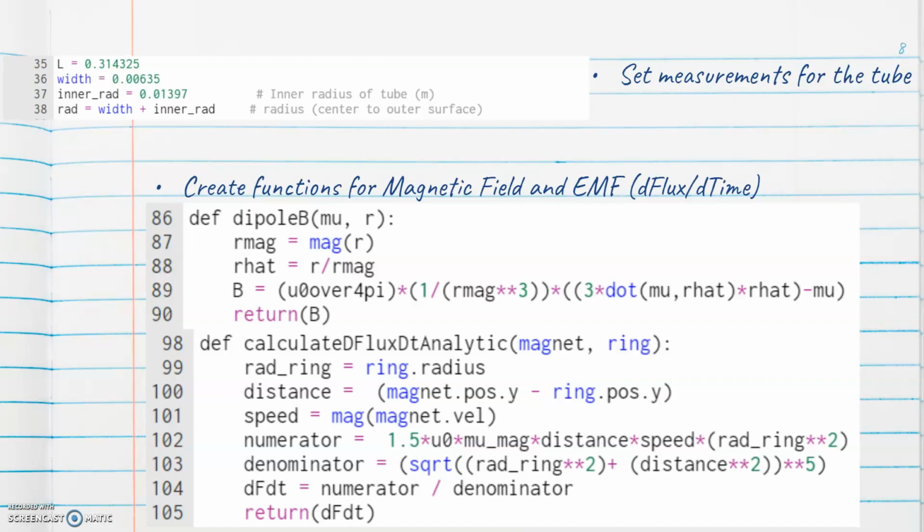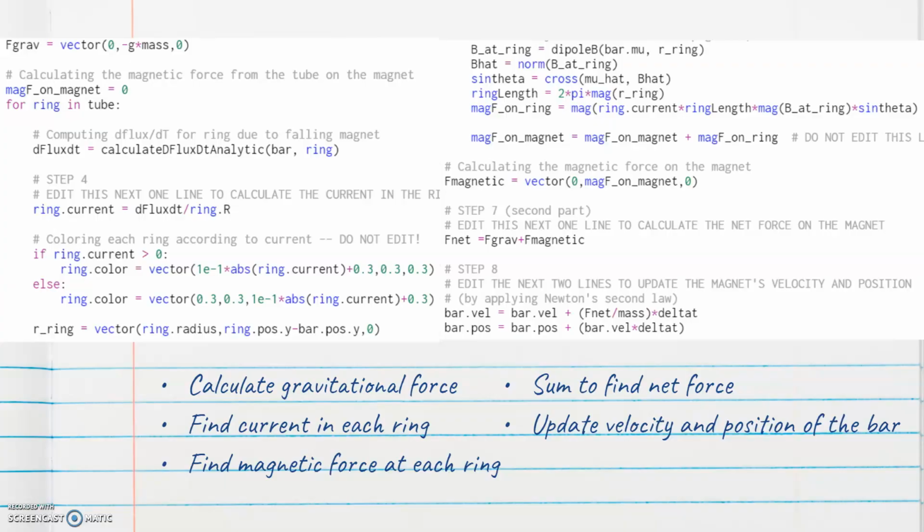For the code, first we had to set the measurements for the tube that we found of our own tube: the length, the width, and the radius to find out how thick the foil actually was around it. Then we had to create functions for the magnetic field and the EMF, which is the change in flux over the change in time. The magnetic field we could copy from our Lab 3, and the EMF we had to calculate with functions that we already know and using equations for the magnet and the rings.